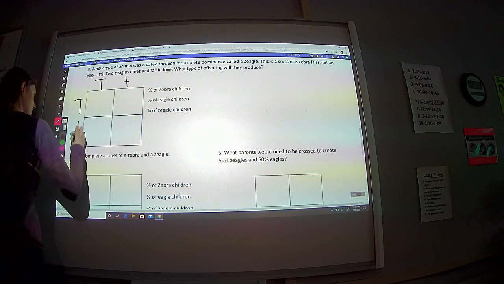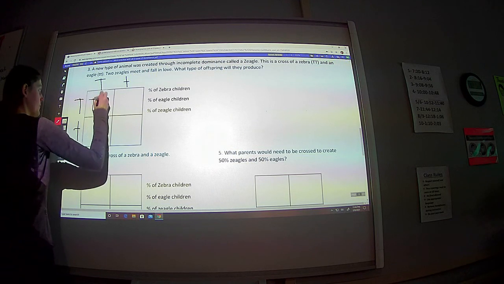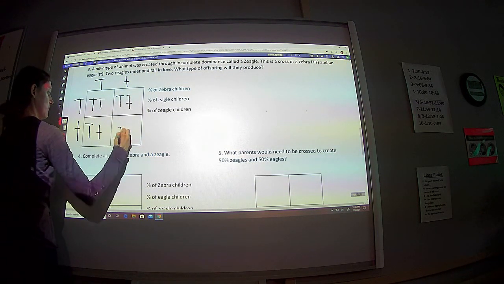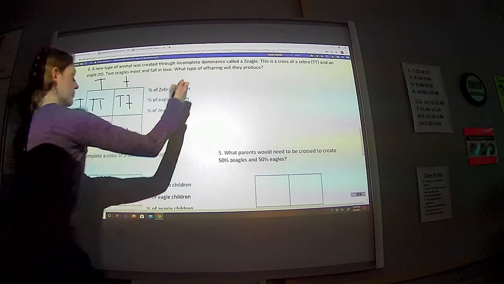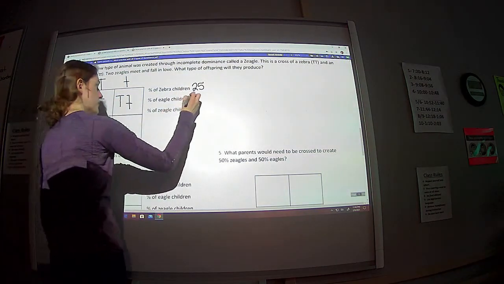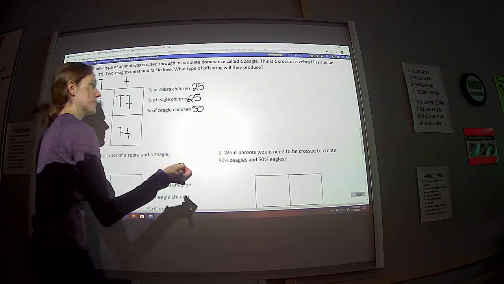And remember, it's a blending of the traits here, whereas with codominance, they both show up. Percent of zebra children would be 25. Percent of eagle children would be 25. And zeegle children would be 50.